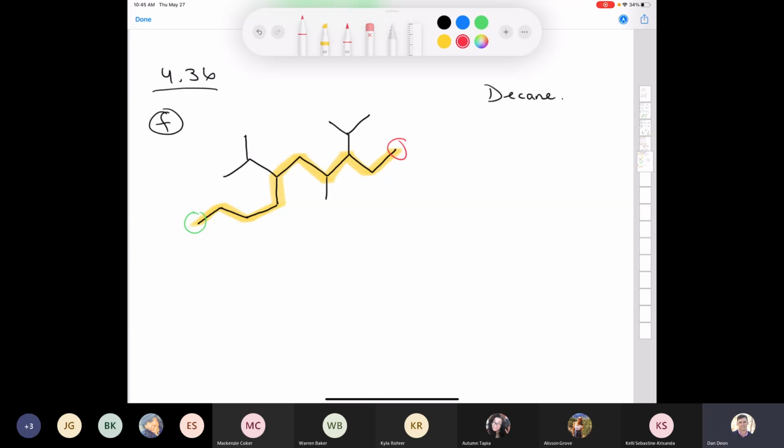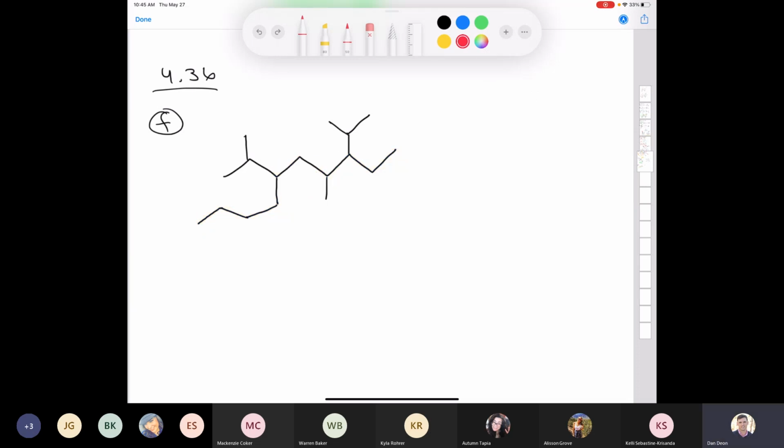I'm just double checking to make sure I have the structure written out here correctly. Did I write it out correctly? 1, 2, 3. Oh, I made a mistake in my longest carbon chain. Nobody pointed it out though. I started looking at it and I'm like, that's not right.